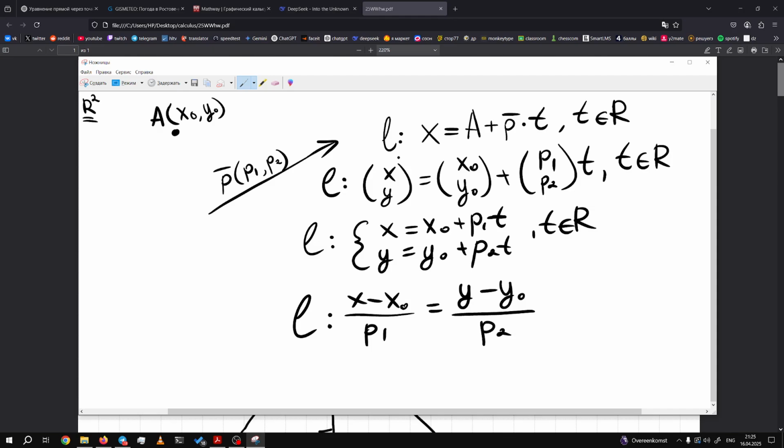These are all equations of lines, but in different notations. So how did you get this one? You just move x naught to the left hand side, and divide by p1, and you do the same in this one, and t is equal to t. So I hope you understand.